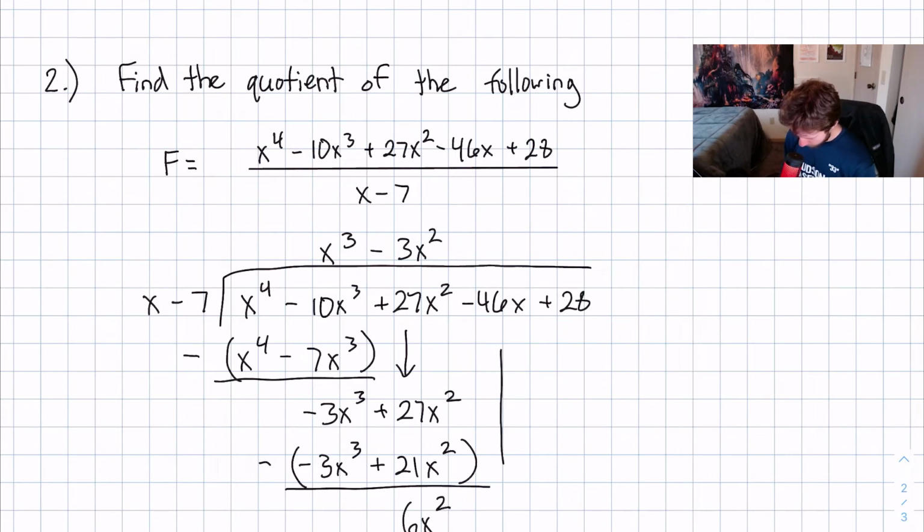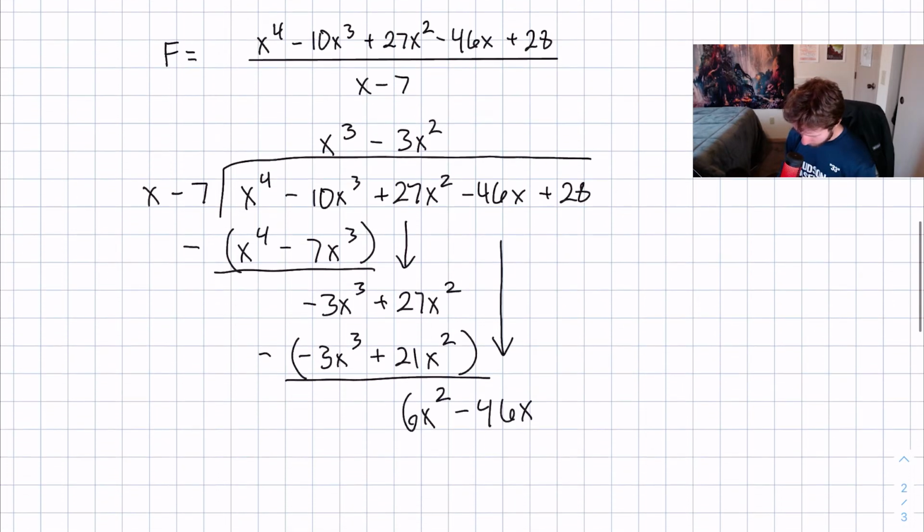Then you keep going, take this minus 46x down. How many times does this x go into 6x squared? That will be 6x. So put that up here, put this down here.